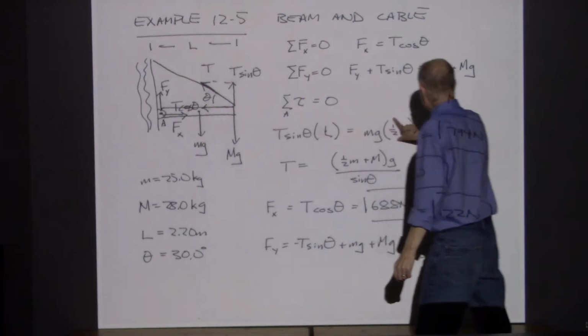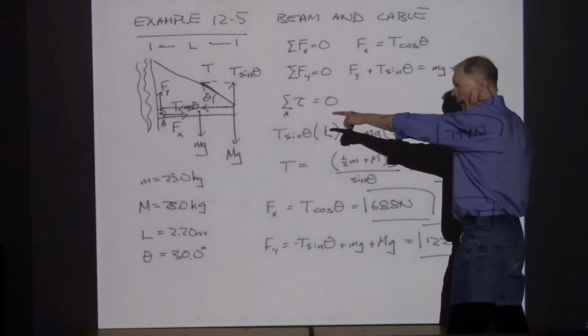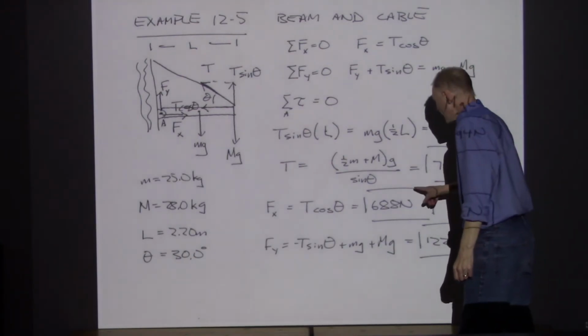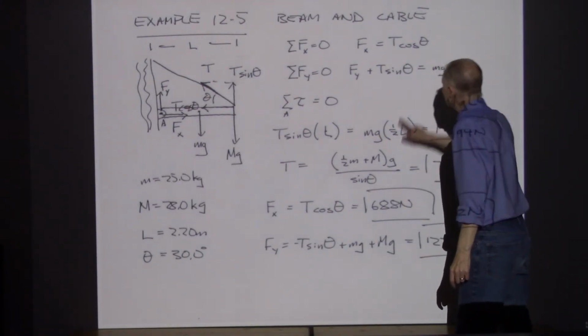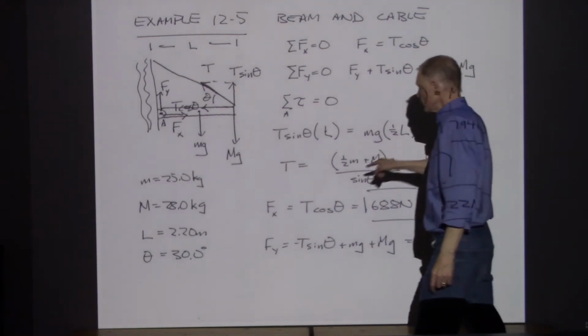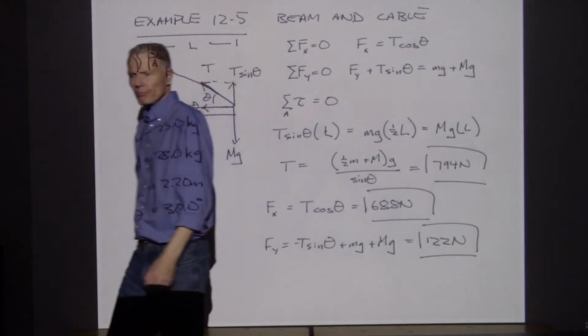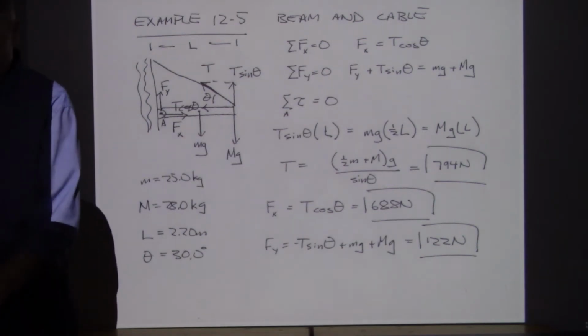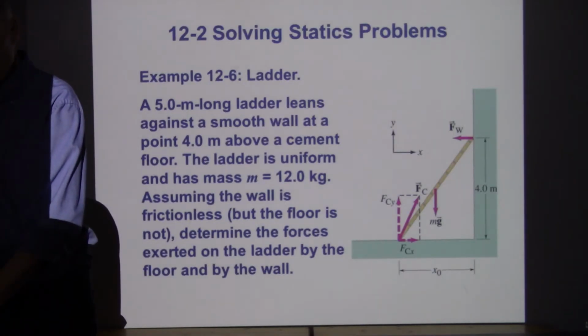And then once I got that torque equation set up around point A and solved for the tension, we were able to go back and use the force equations to get Fx and Fy. And that's kind of a typical way these problems get solved. So this is kind of a feel for these statics type problems. This is another very good example to be looking at.